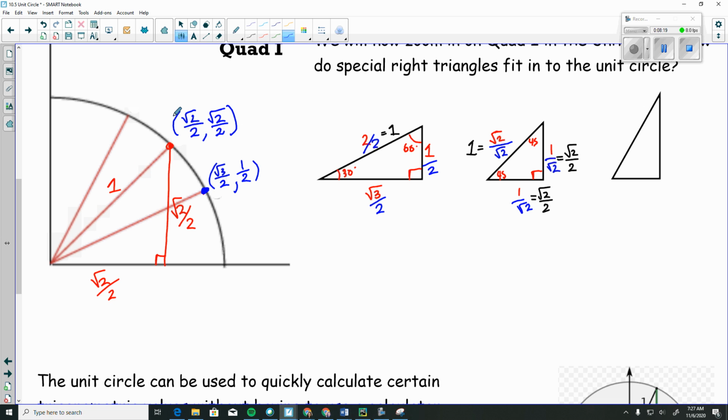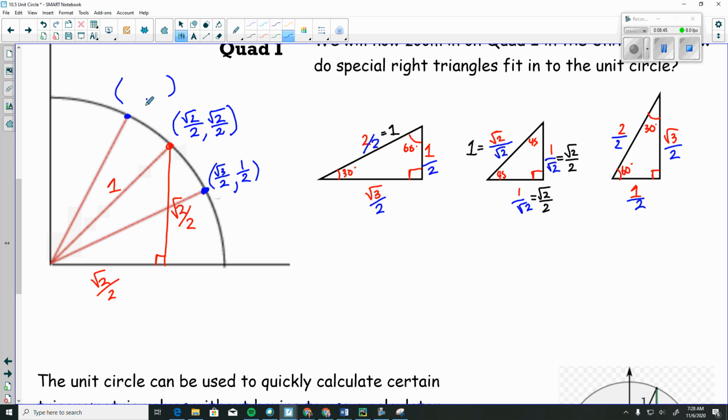Okay? And then the very last triangle we're going to put on is actually another 30, 60, 90 triangle, but oriented the other way, so that the 60 is here, and then the 30 is here. Okay? So that means this side would be 1, 2, square root of 3, and if we're doing the same thing like we did here, if we're dividing all the sides by 2, what then do you think this coordinate point will be without me drawing this on here?